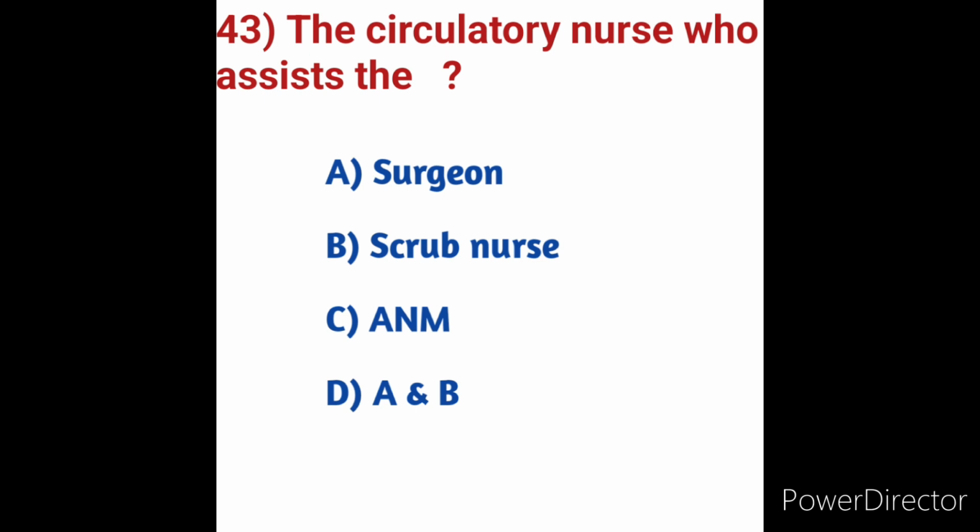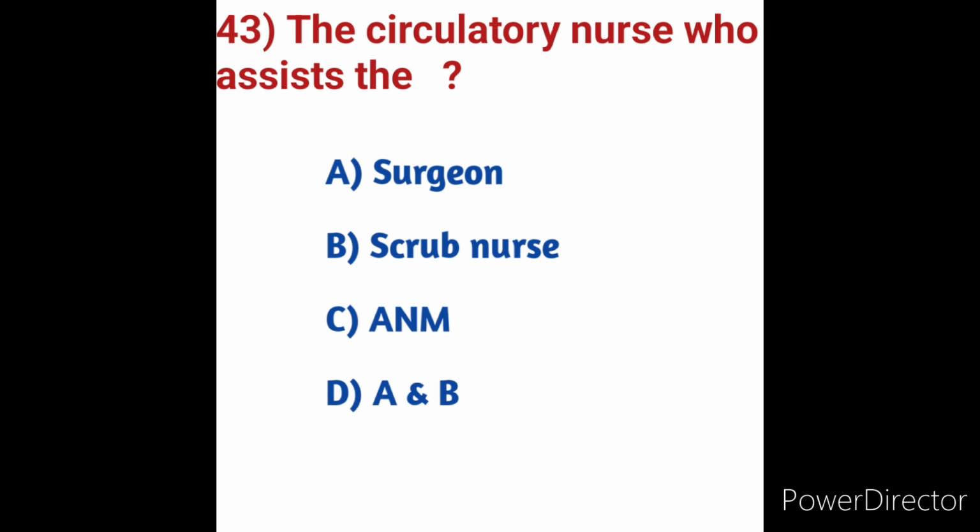The circulatory nurse is a registered nurse who makes preparation for an operation and continually monitors the patient and staff during its course, who works in the operating room outside the sterile field in which the operation takes place, and who records the progress of the operation, accounts for the instruments and handles specimens. The duties of the circulatory nurse are carried out outside the sterile area.